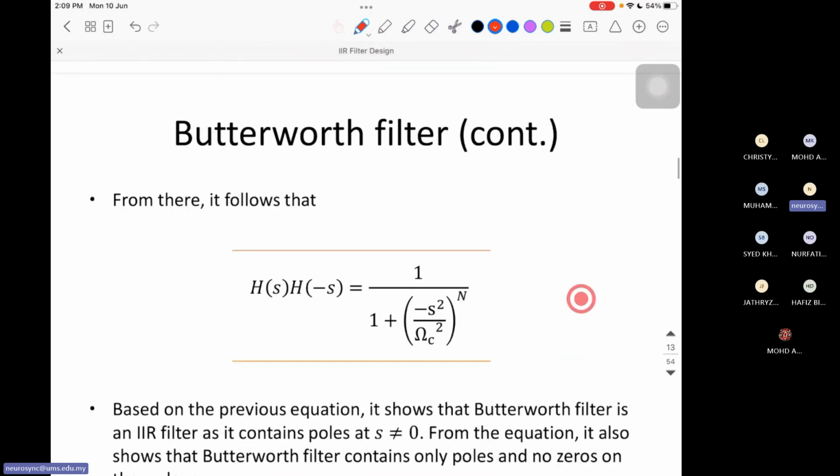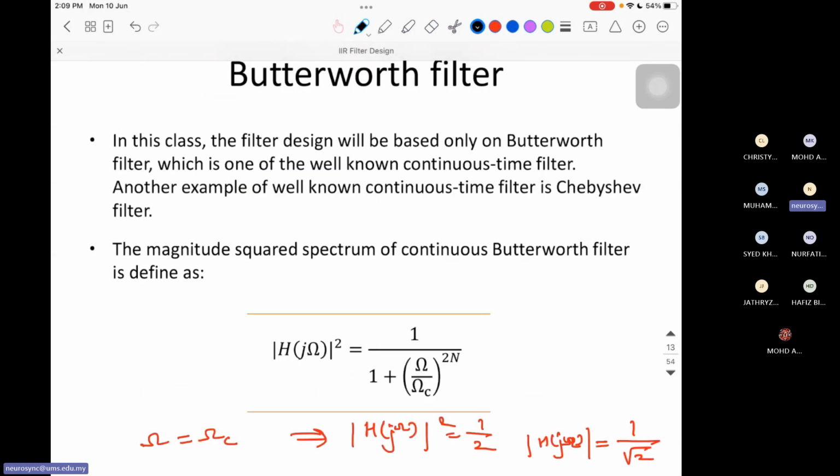So I can plot this filter. The magnitude plot is with respect to omega. For a low pass filter, if I say this is omega c, this is the ideal characteristic, and this is the 1 by root 2 here.